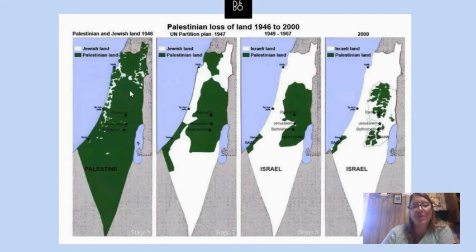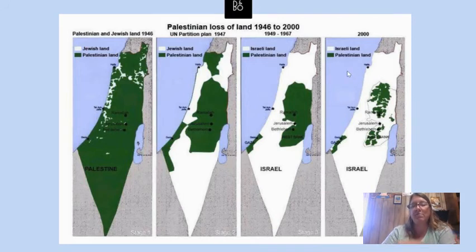You come up with your own thoughts about this, right or wrong. But as you see, the partitioning didn't exactly work out as intended, because Palestine has gotten smaller and smaller and smaller, and Israel has gotten bigger and bigger and bigger.